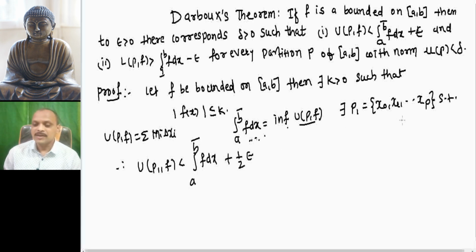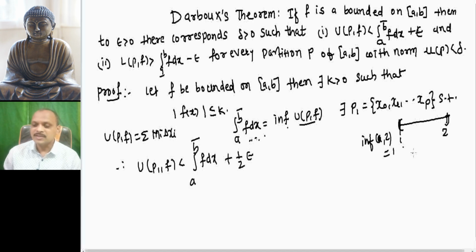Okay, look at this. Suppose my interval is from 1 to 2, this is 1 and this is 2, then you can see that this is an open interval. What is the infimum? The infimum of the open interval (1, 2) is 1.